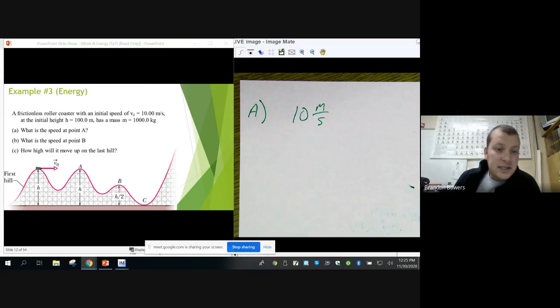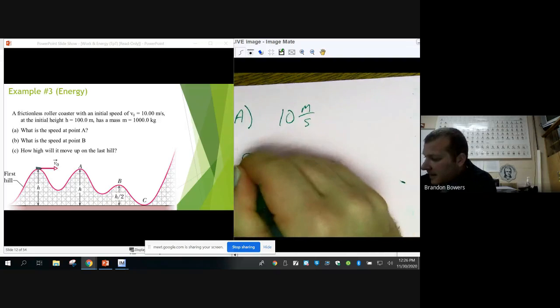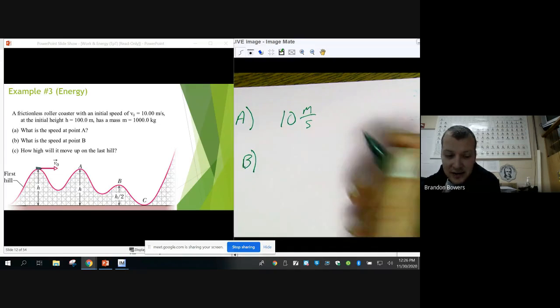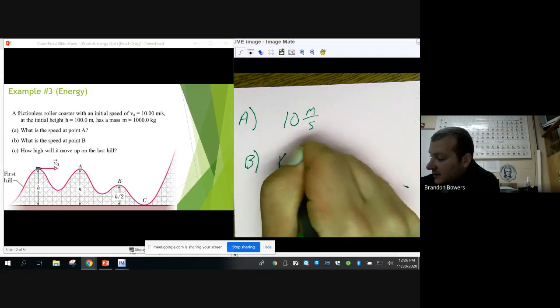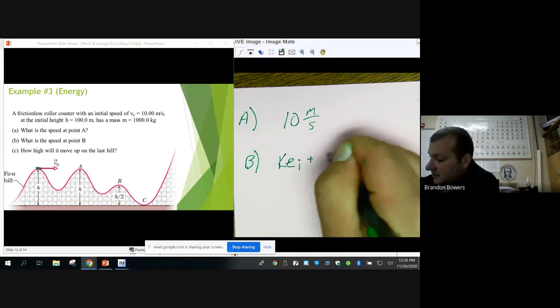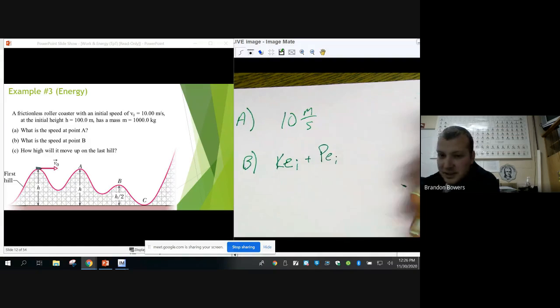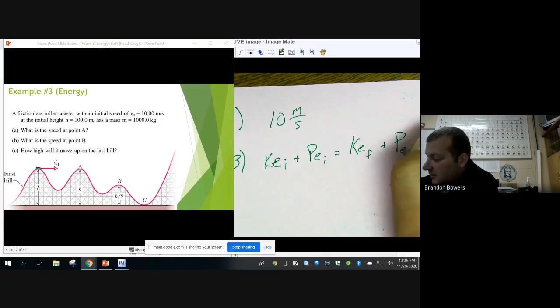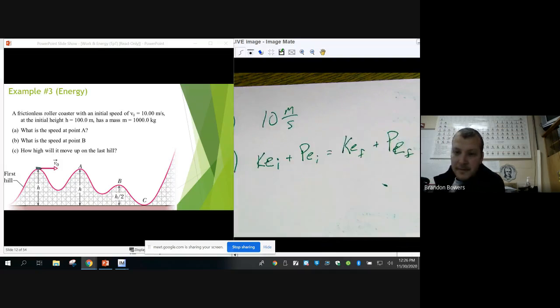Okay. So what is the speed at point B? Okay, this is a little different. All right. So here, I got to do my mechanical energy initial equals mechanical energy final. So KE initial plus PE initial, potential energy, is equal to my kinetic energy final plus potential energy final. Let me zoom in.